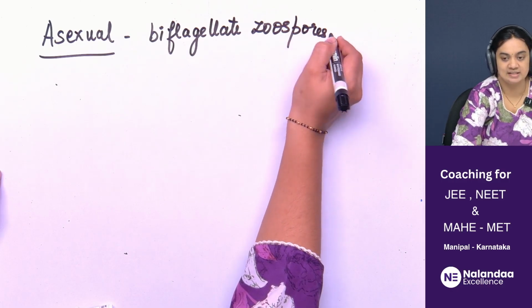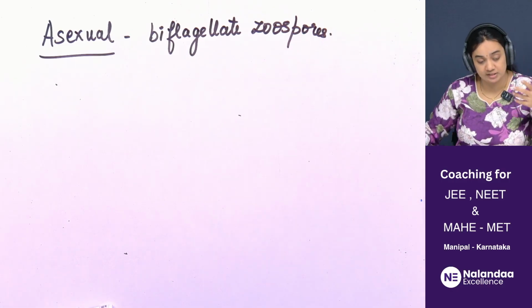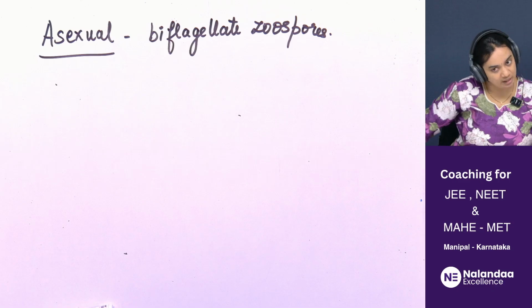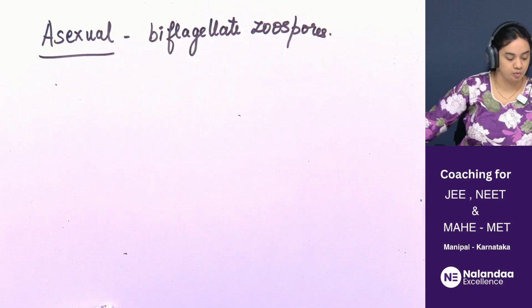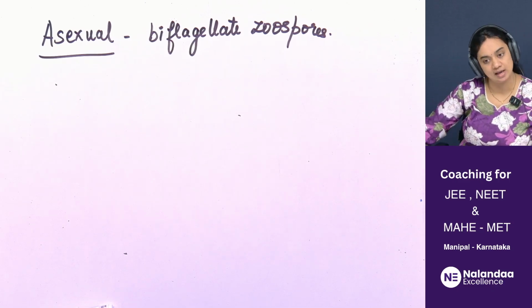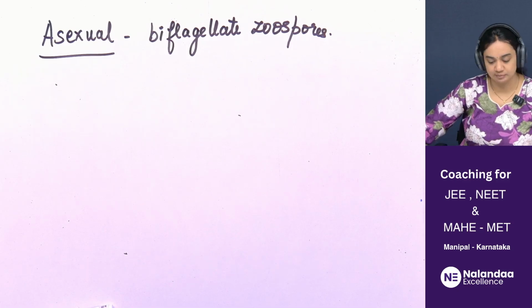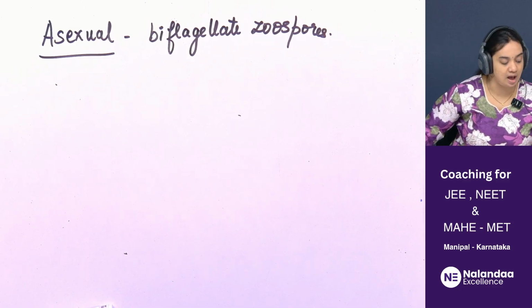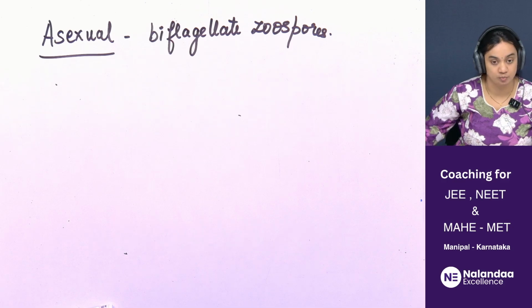So again, the asexual method of reproduction is by asexual spores called zoospores, and like I said, zoospores are flagellate or motile, and the zoospores here are biflagellate zoospores.